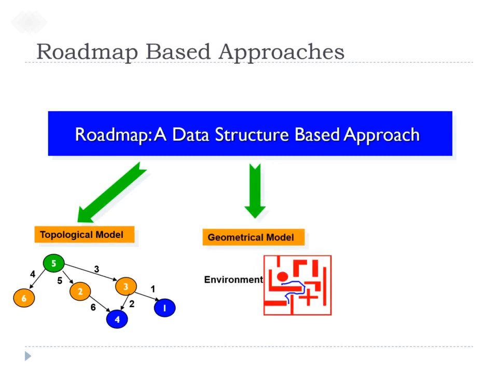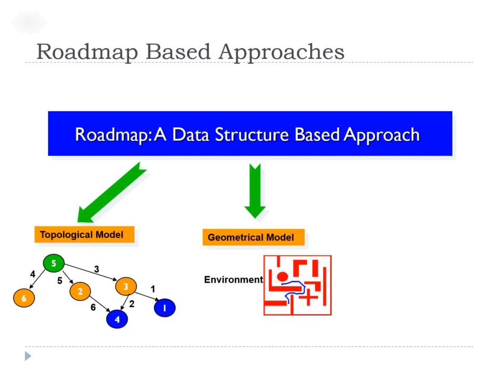The second one is a geometrical model where the entire geometry of all the obstacles, everything, is taken into account. And then we create the free space which does not contain any obstacle. As you know, free space is the collection of all configurations which are free configurations, that is, they are not colliding with the obstacles.